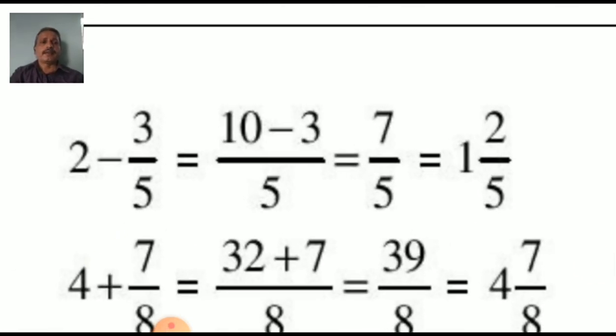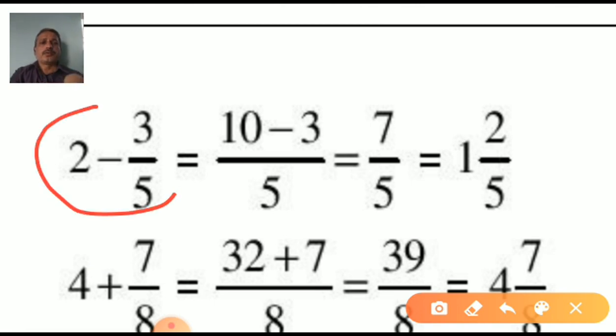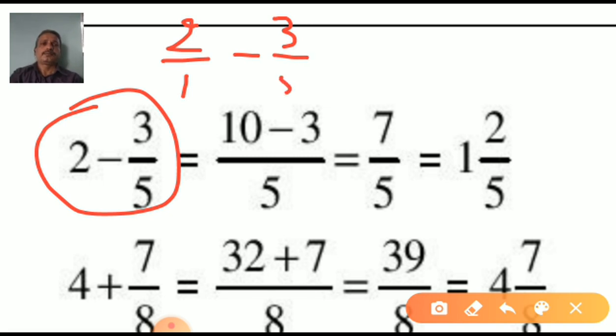Yes. See, our question was 2 minus 3 upon 5. Before solving this, I want to clarify that this 2 is not alone but 2 upon 1 minus 3 upon 5. Are these both like fractions?